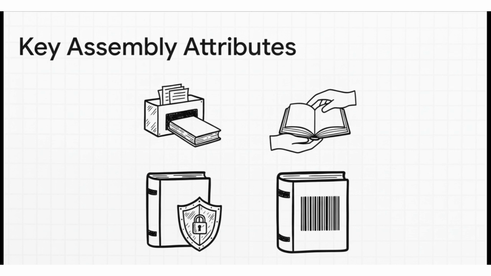The compilation unit, that's the final manuscript all edited and ready to go. The deployment unit is the actual printed book you hand to someone. The security boundary, well, that defines who's allowed to read the book or access its contents. And strong naming, think of it like a unique ISBN number. It's a unique ID that guarantees you got the exact version of that book you need, which is crucial for preventing chaos if there are multiple versions out there.